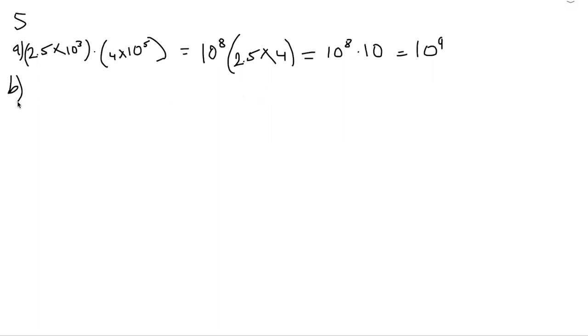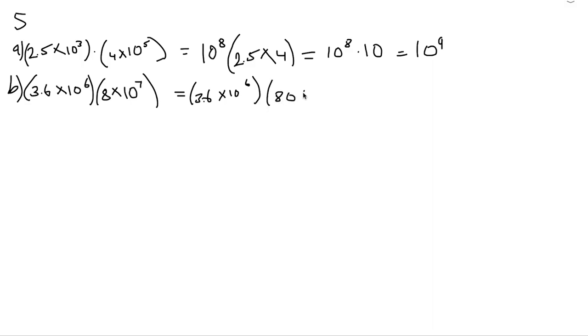Now the next question, 3.6 times 10 to the power 6 times 8 times 10 to the power 7 equals 3.6 times 10 to the power 6 times 80 times 10 to the power 6.